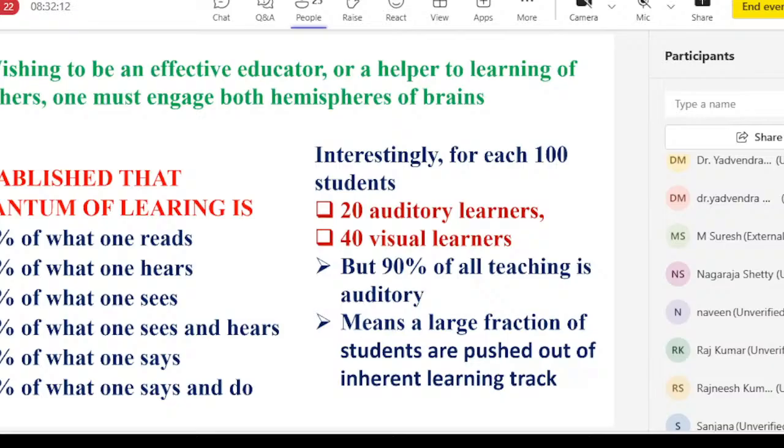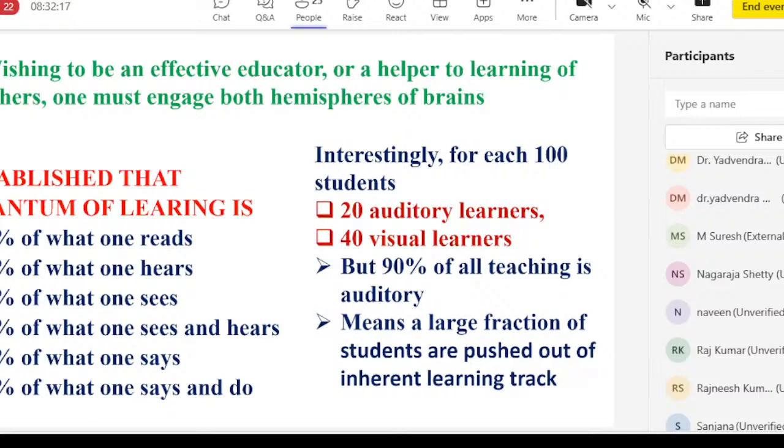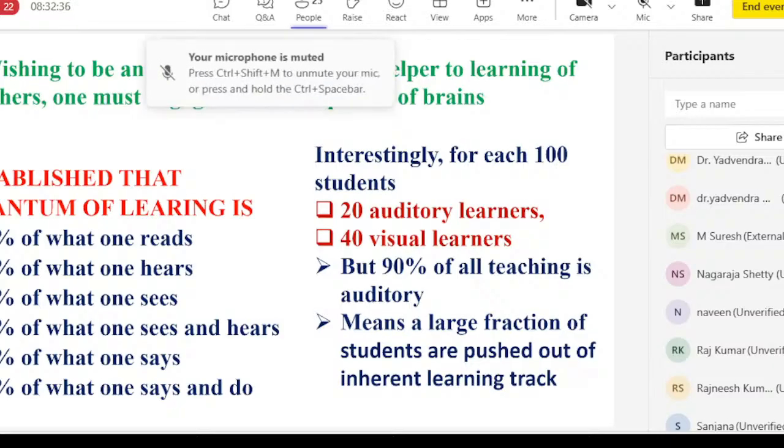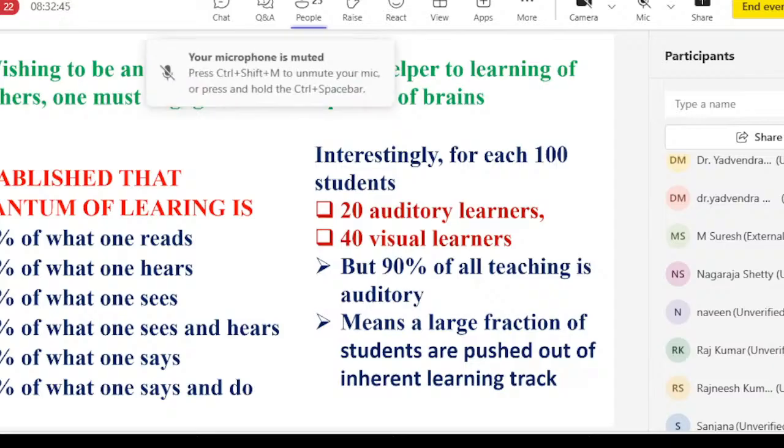Now, interestingly, if you take about 100 learners, then you will see that 20 auditory learners will be there, who are basically fascinated or inclined to auditory learning, that means they want to hear. And then 40 will be the visual learners, so they want to see. So if I go on talking, the visual learners will be missing. So the classical teaching of a long time back is now halted in today's era, unless the visual aids are there.